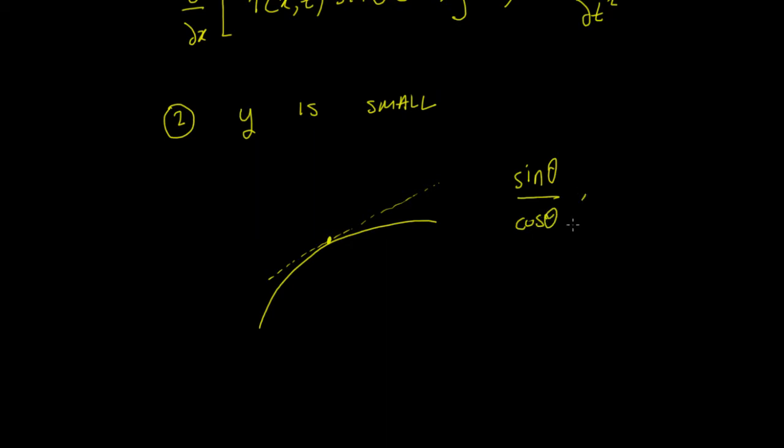We know that because if you were to draw out a little circle there with your Pythagoras, then you could say sine theta is just going to be y upon r, and cos theta would be x upon r. So sine theta upon cos theta would just really be the value of our tan theta, which would be y upon x.